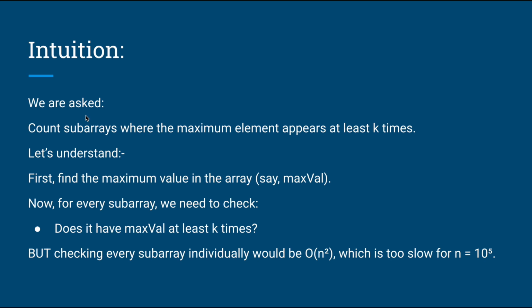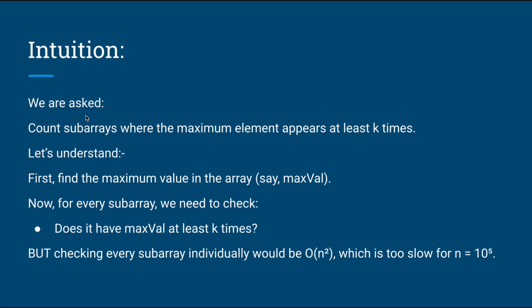So now we are doing the same. We are going to use a sliding window approach in this problem. First, we have to find the maximum number in the entire array. As we slide a window across the array, we count how many times the maximum number appears inside.